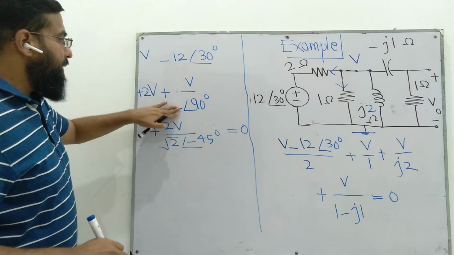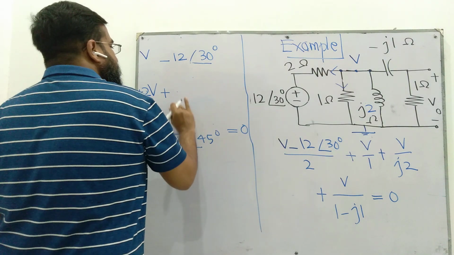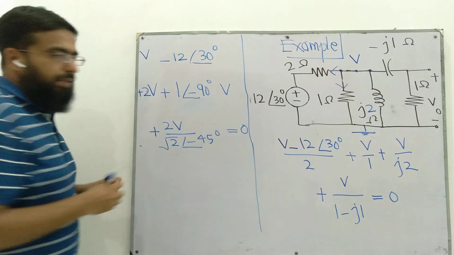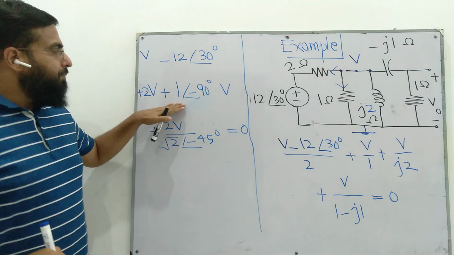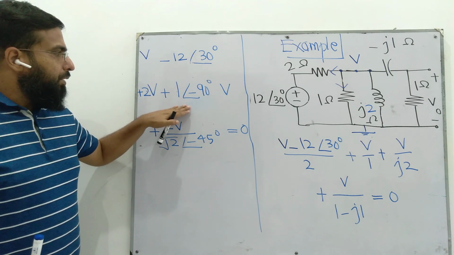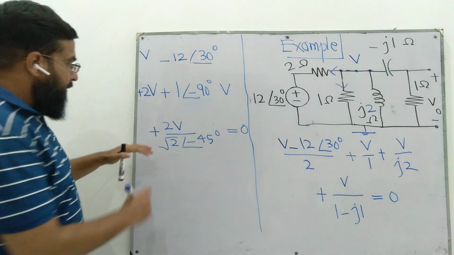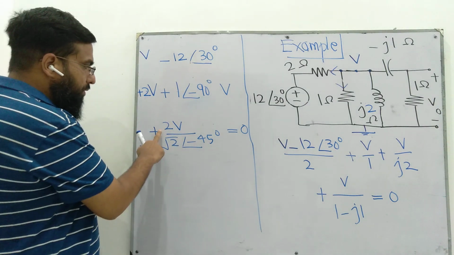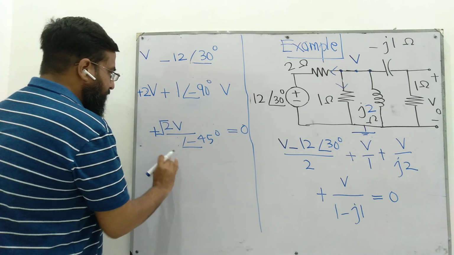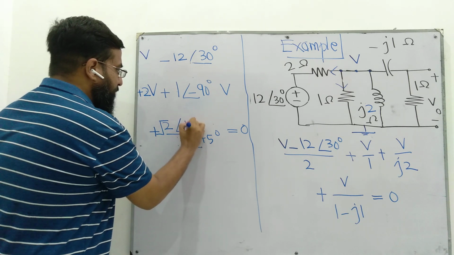This is V over 2 at an angle of 90 degrees, or it can be written as 1 at an angle of minus 90 degrees times V. When we take a complex number from the denominator to the numerator, its angle becomes negative. So this 2 can be written as square root of 2 times square root of 2. One square root of 2 cancels with this square root of 2, and this minus 45 once taken to the numerator becomes plus 45.